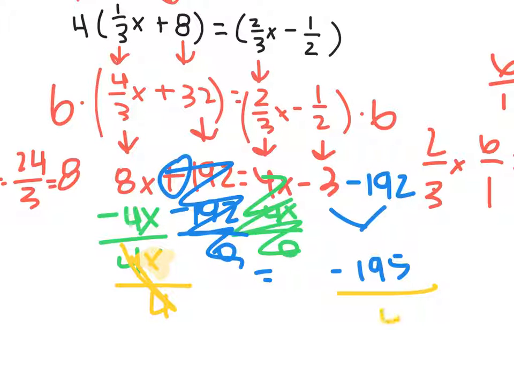So we're going to divide by 4 on this side. And here's when simplifying comes in. So this answer right here, x equals negative 195 divided by 4, it's pretty much the correct answer, but it's not in its simplest form. So I think that oversimplifying isn't really possible in algebra unless they tell you not to put it in its simplest form, but I don't think that they will.